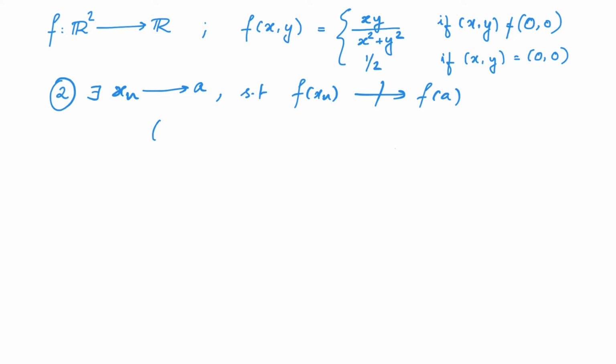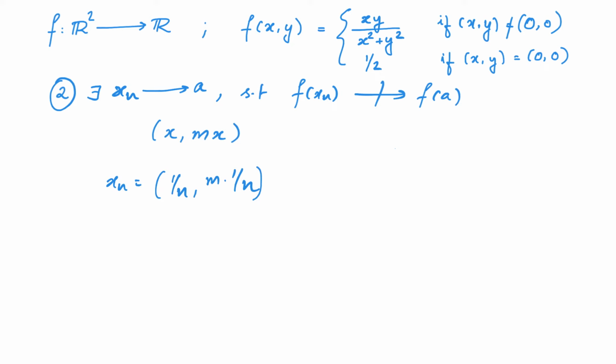And a point on a line of slope m looked like (x, mx). So if you want to take a sequence of points that converge to the origin in this line, you have to ensure that x goes to 0. In other words, we need to find one sequence that converges to 0, and our favorite is always 1 by n. So we can consider the sequence x_n is equal to (1 by n, m times 1 by n).